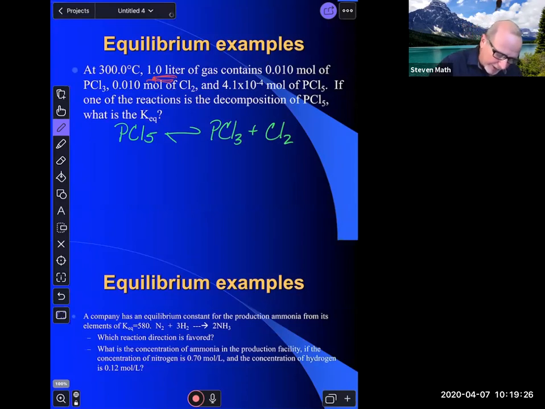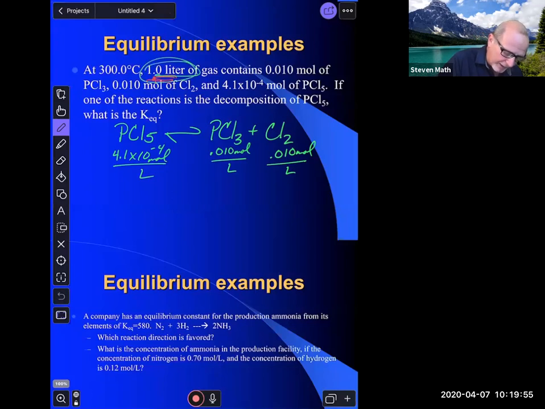Now let's read what our data gives us. It's 0.010 moles per liter of PCl3, and the same of Cl2. And the PCl5 is 4.1 times 10 to the negative fourth moles per liter.